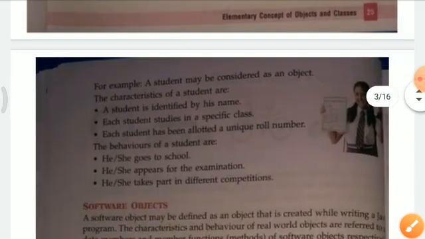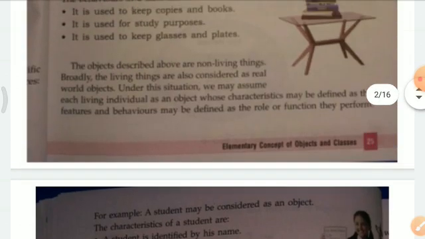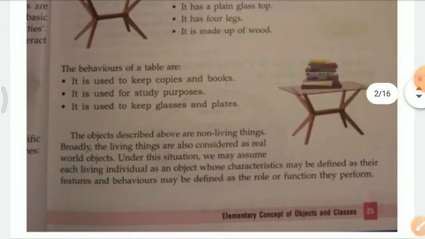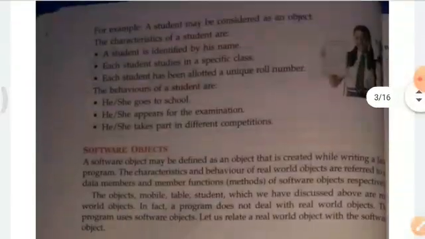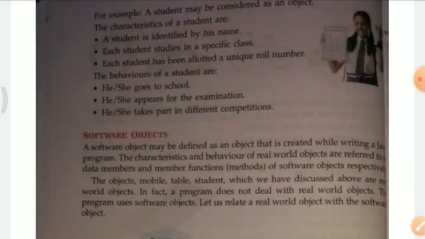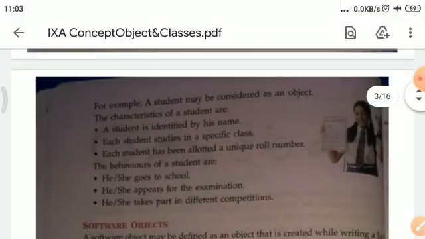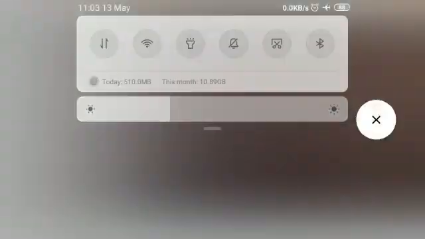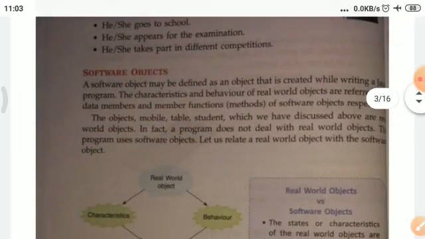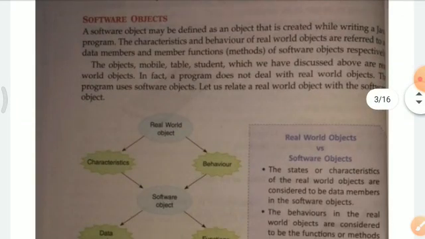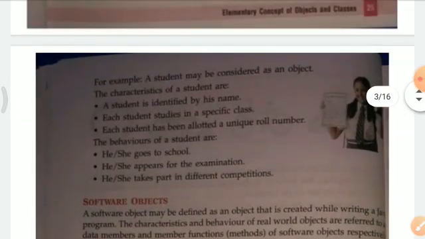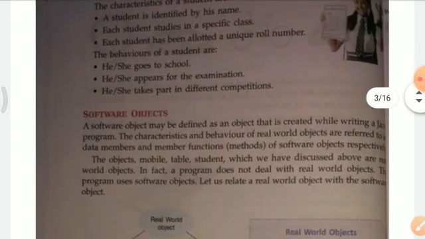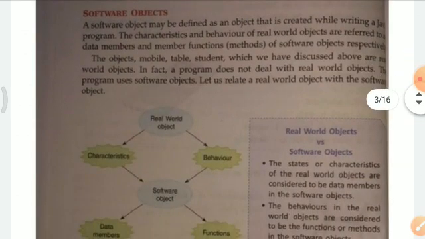In this way, I can conclude that the characteristics and the behavior of an object may vary from observer to observer. And now we will discuss software objects.